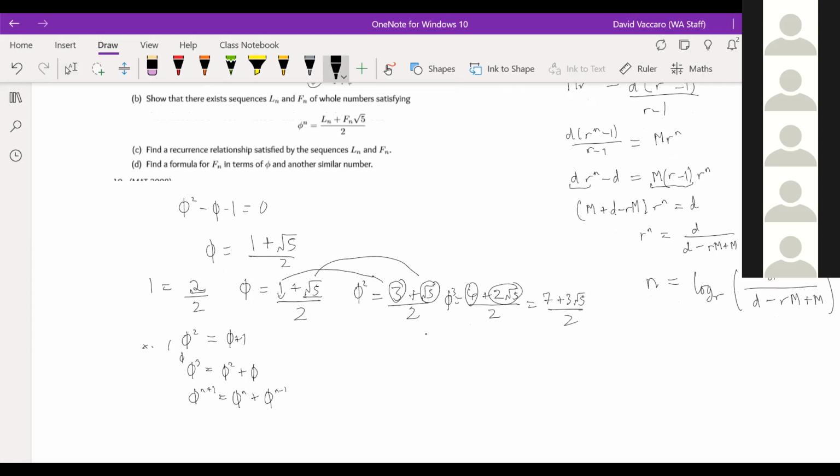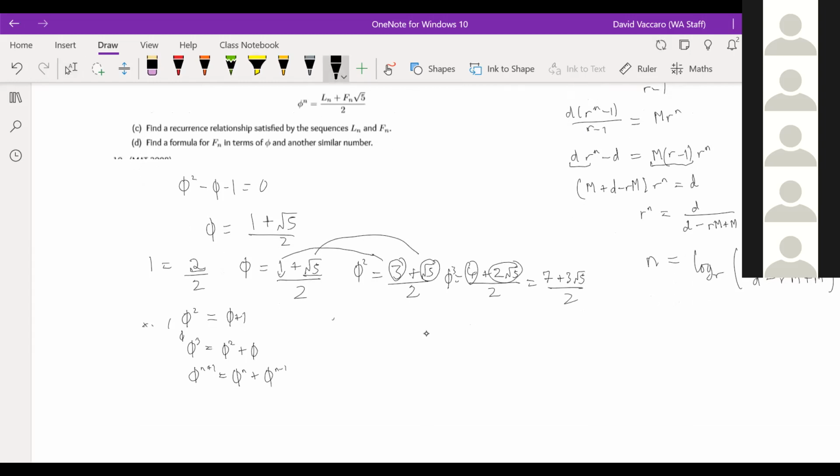So what we can see is that we get a sequence of numbers which starts 2 and then 1, but then where the new number is formed by adding the previous two. So it goes 2, 1, 3, then 4, then 7, then 11, then 18. Then the root 5s go 0, then 1, then 1, then 2, then 3, then 5, then 8. Okay, and this sequence, we'll call it Ln, satisfies Ln plus 1 equals Ln plus Ln minus 1.